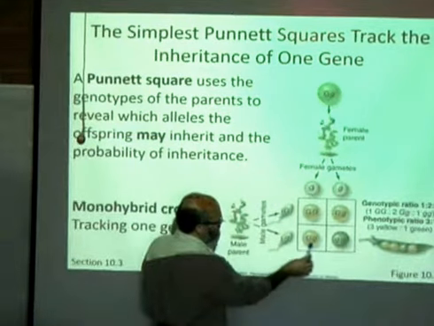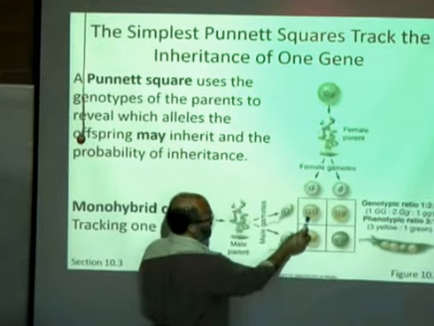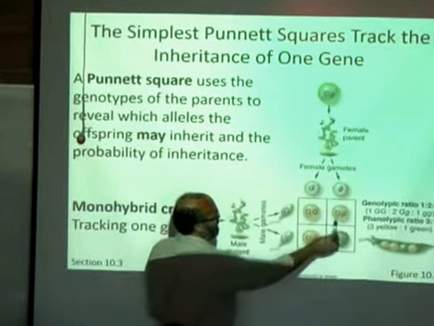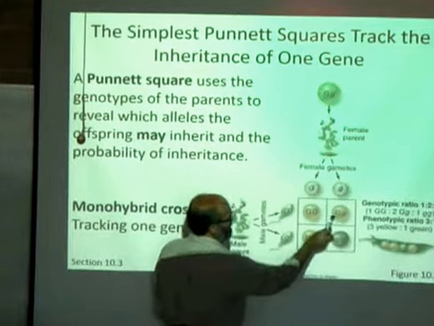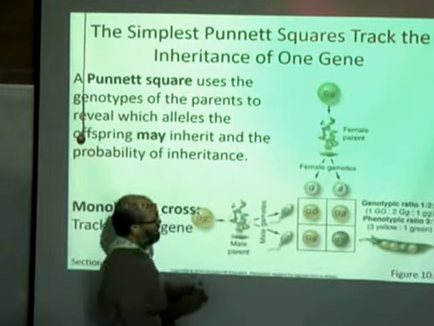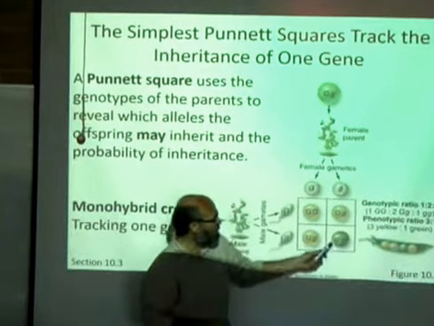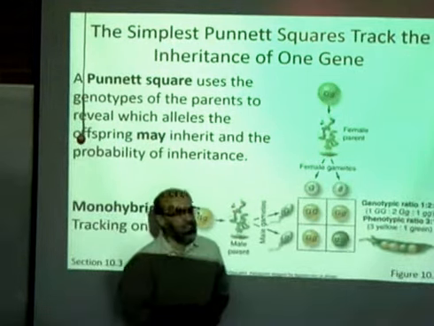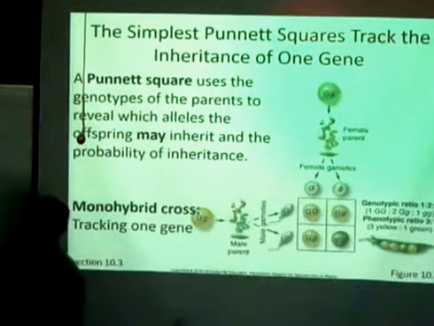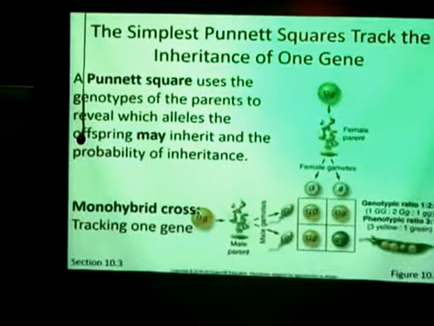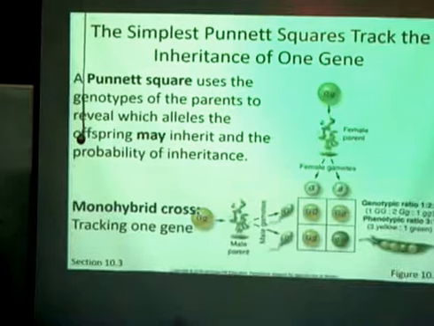So this could be yellow because it has one dominant allele, this could be yellow because it has both dominant alleles, and this one will be yellow because at least one of the two alleles is dominant. This one is green because none of the dominant allele is there, and that is the condition for a recessive trait to be expressed: both of the alleles have to be recessive alleles.